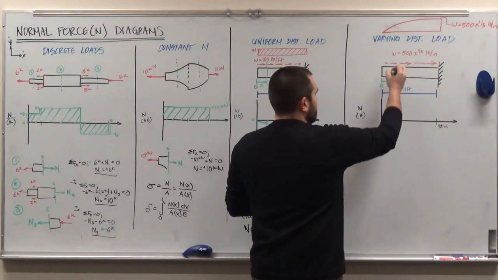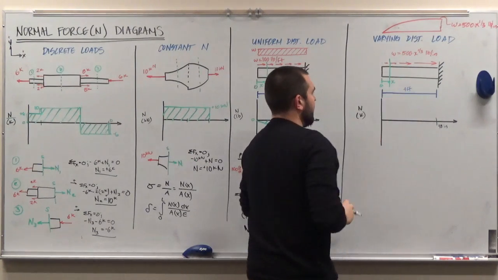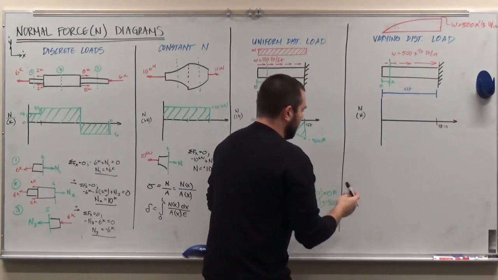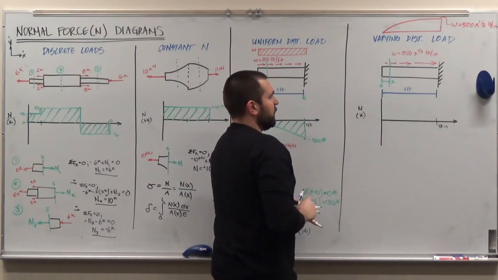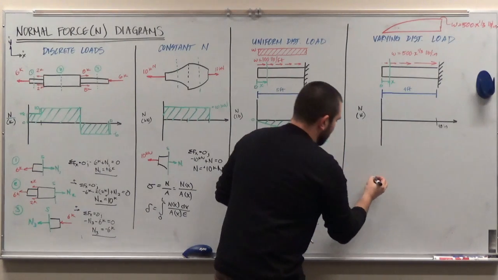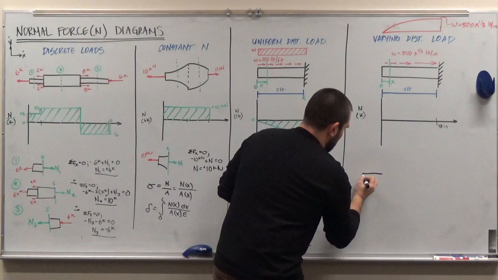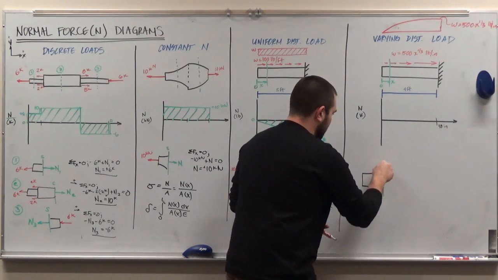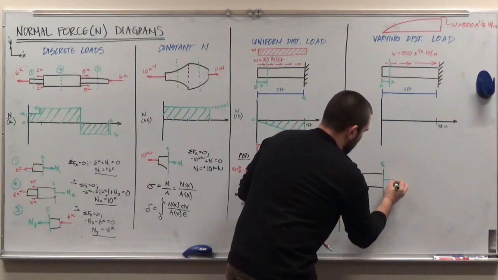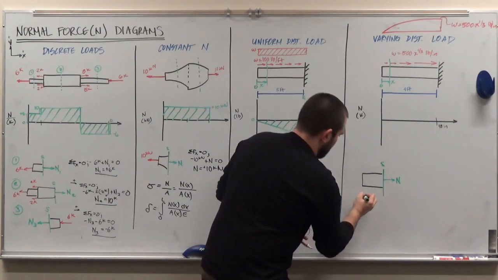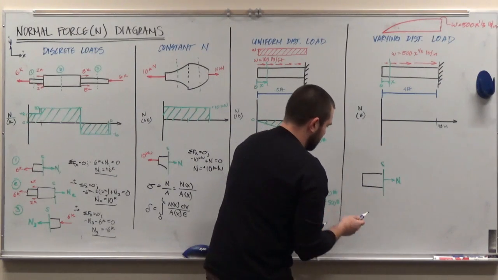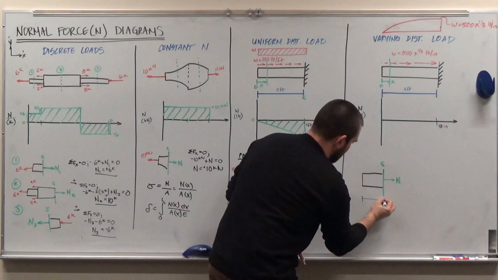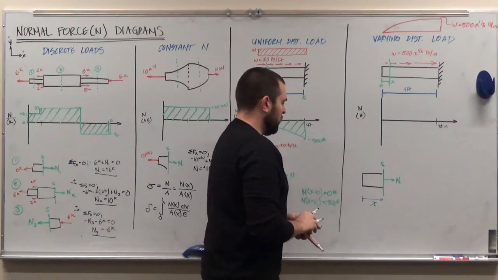So I'm going to make a section cut at x. I'm going to draw my free body diagram. I'm going to keep the portion of that column to the left of that section cut. We get our section cut right here. My internal normal force, N. Again, the geometry of this section cut is x long.